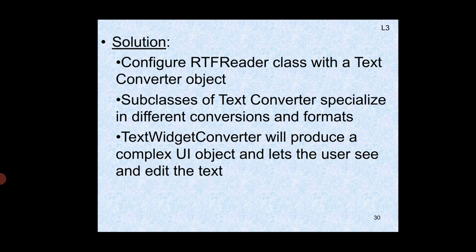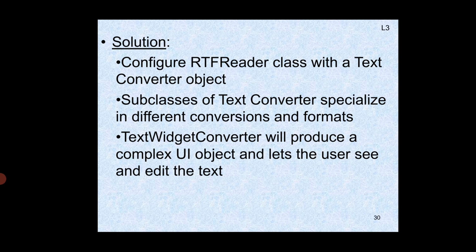The text converter objects are responsible both for performing the data conversion and for representing the tokens in a particular format. The subclasses of text converter specialize in different conversions and different file formats.